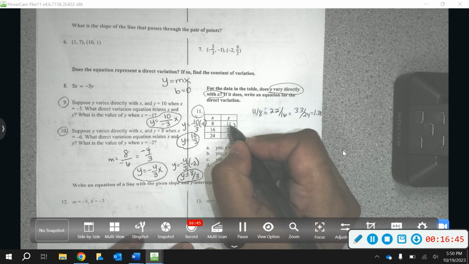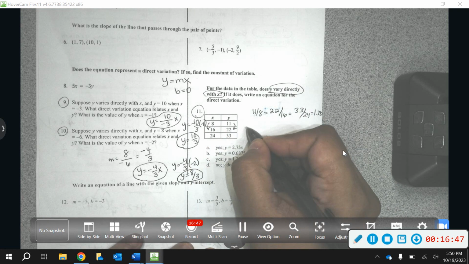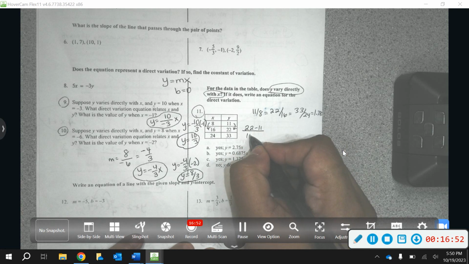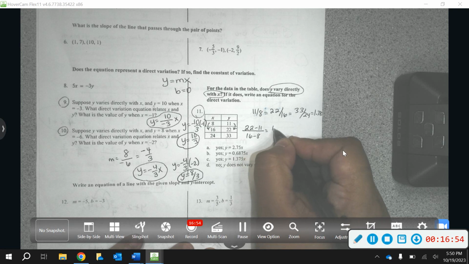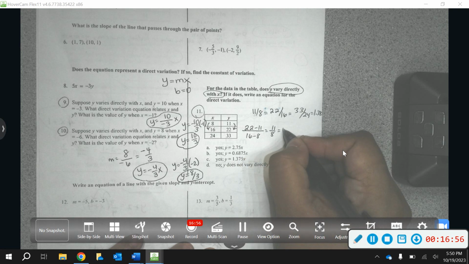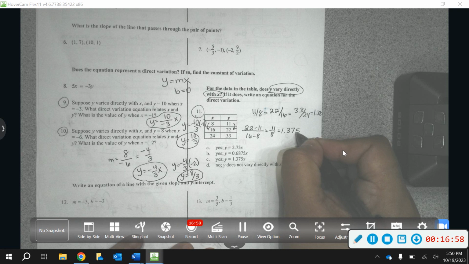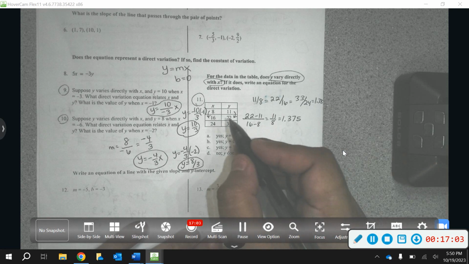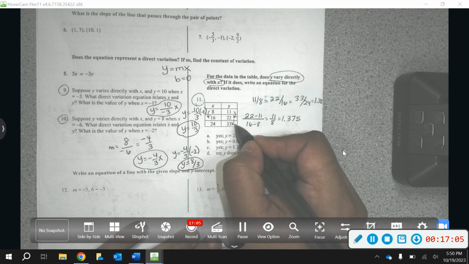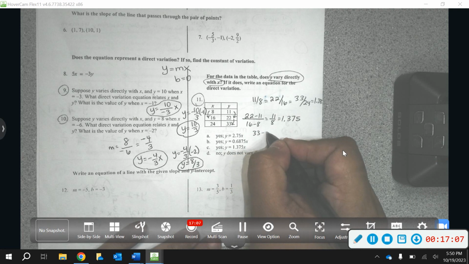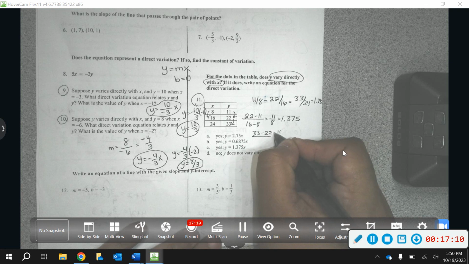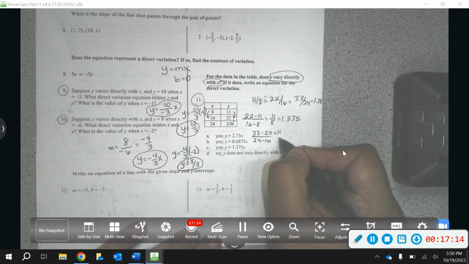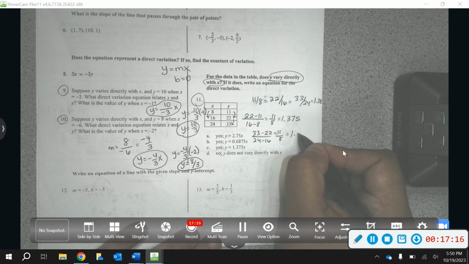What is right here? 22 minus 11, what is that? 11. 16 minus 8, what is that? 8. 11 divided by 8 is equal to what? 1.375. Now do it again if you don't believe me. Right here we got 33 minus 22, which is 11. 24 minus 16 is 8, which gives me 1.375.